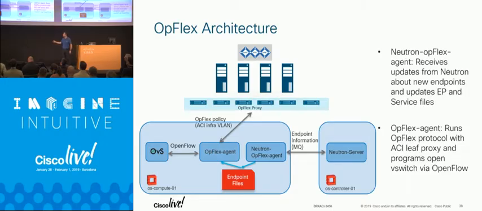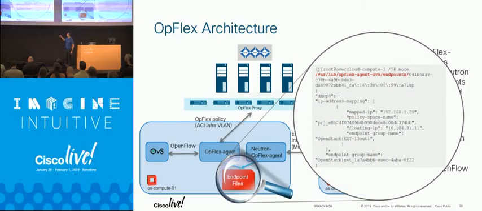So Neutron server tells OpFlex agent what are the VMs created there, and eventually what are some objects created from Neutron perspective, and endpoint files will be created. The endpoint files will look something like this. Each compute node will have one endpoint file per virtual machine created, with all the information here, just wrapped up because it was too long. But the idea is you have all the information about the VM, the IP address, if it has a floating IP, what are the security groups applied to that VM, and so on and so forth, right?